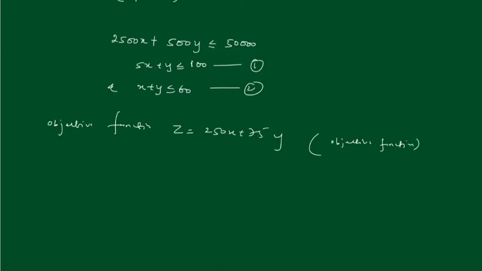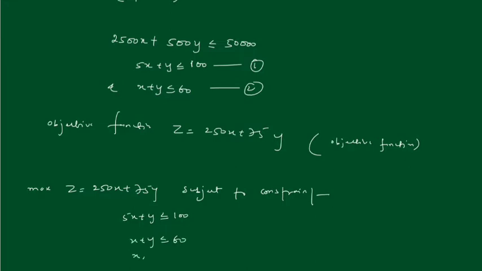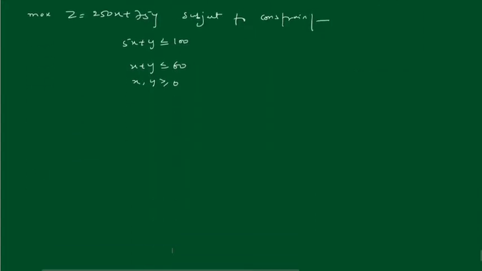Mathematically we write it as maximize Z equals 250x plus 75y, subject to the constraints 5x plus y less than or equal to 100 and x plus y less than or equal to 60, and the non-negative constraint x, y greater than or equal to 0, right?